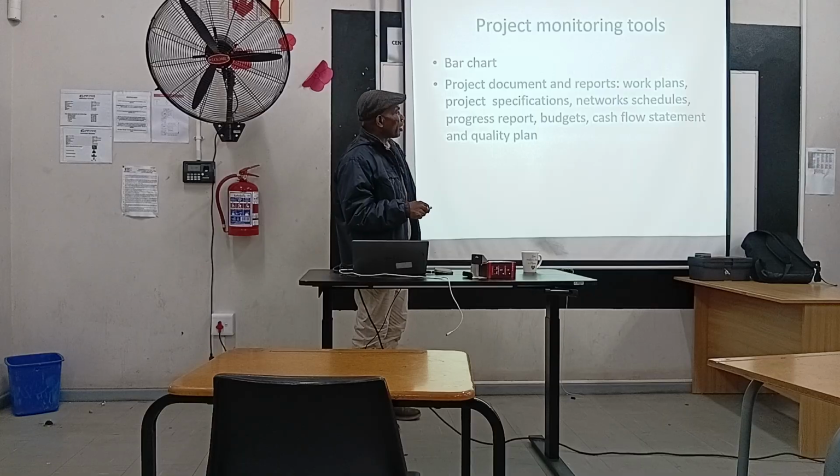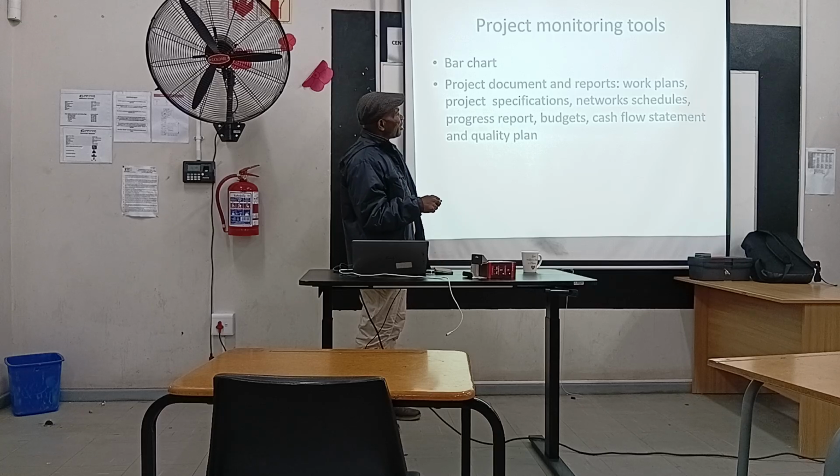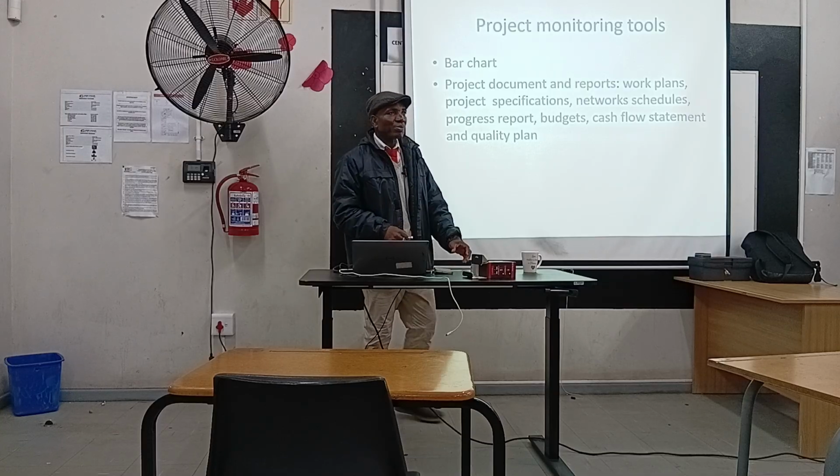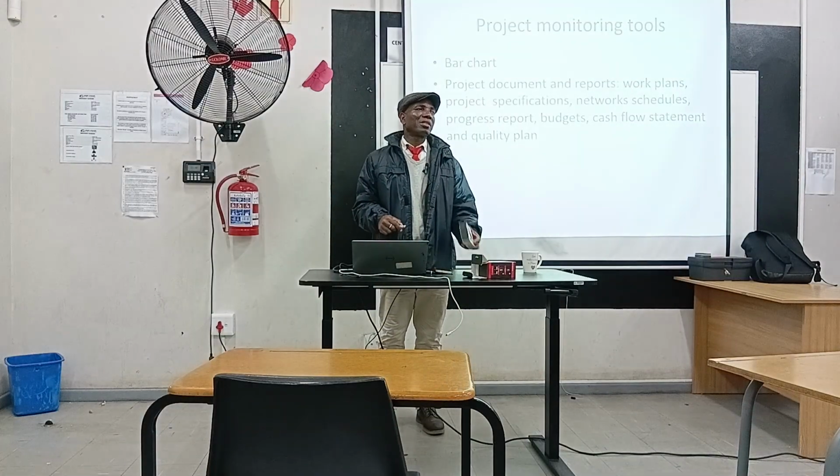So it can help you as well to monitor what is happening on site, whether the execution of the tasks on site in reality is being done as per what was detailed in the network schedule. The progress report can help you as well. From the progress report, you can know whether the project is progressing the way it should be.